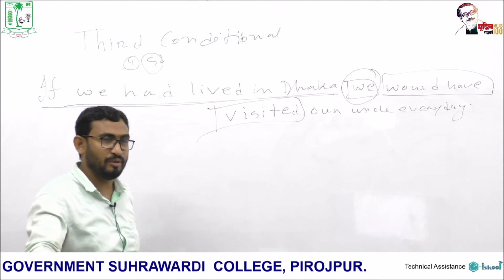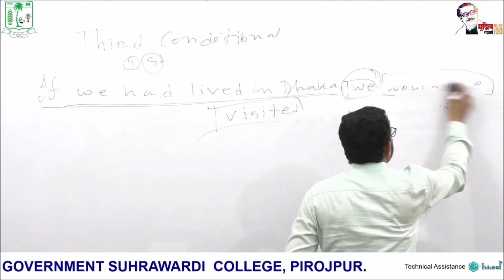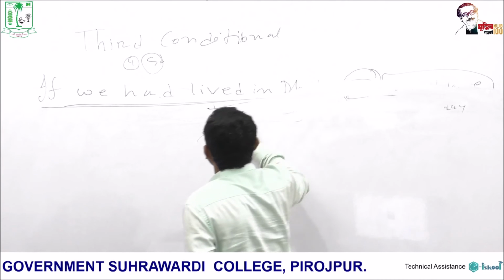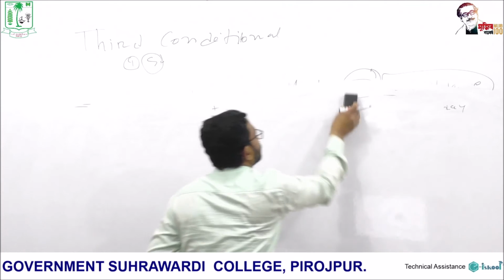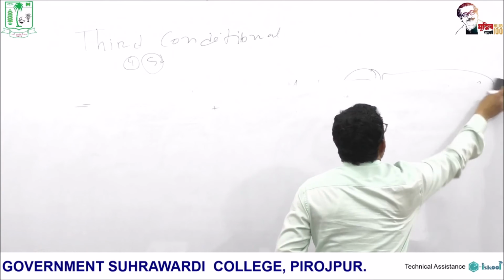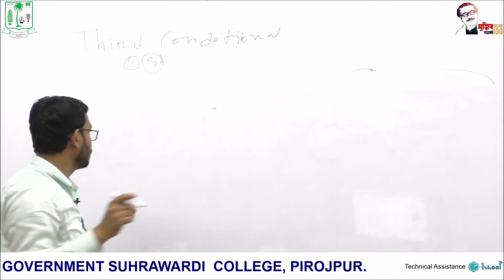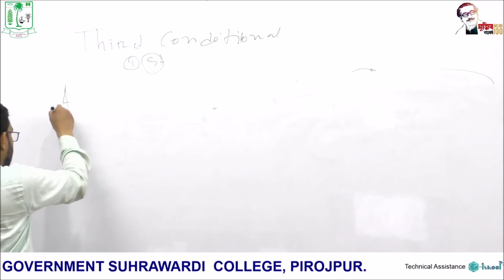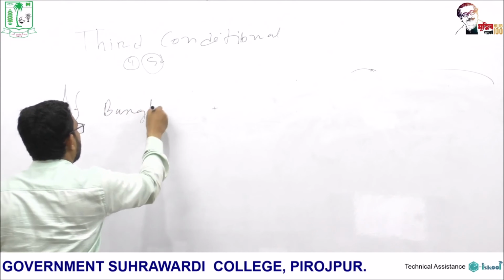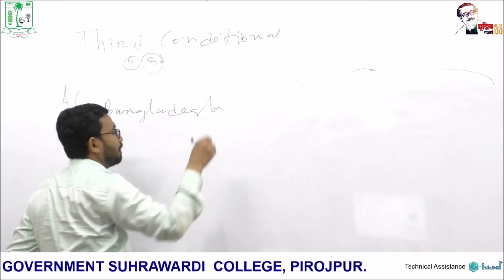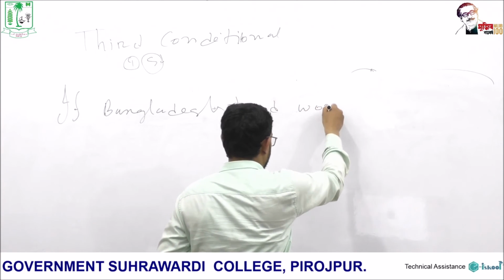Now I would like to give you an example. You have to complete this sentence. I will give an incomplete sentence, you need to complete it. If Bangladesh had on the match.